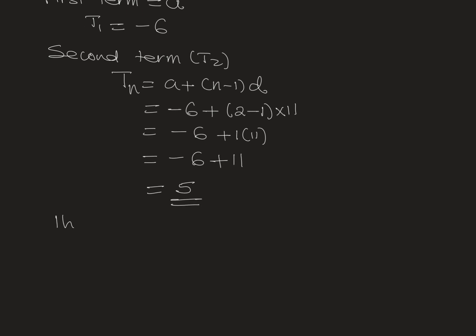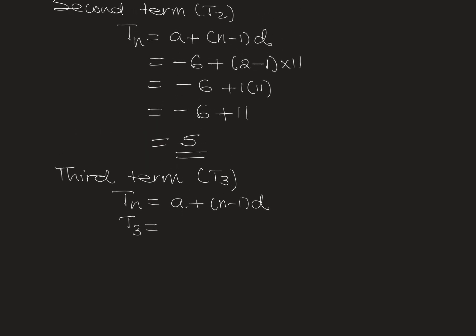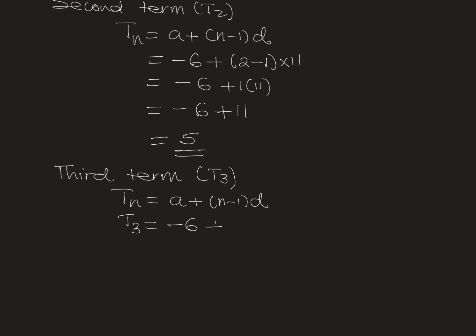The third term, what is the third term? T3. Again, using T sub N is equal to A plus N minus 1 times the difference. So the third term, T3, will be A, the first term, which is minus 6, plus 3 minus 1 times the difference.